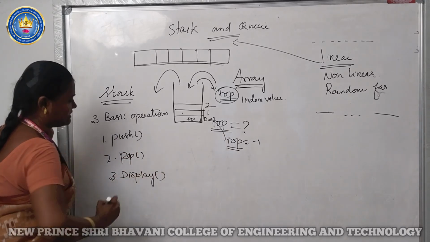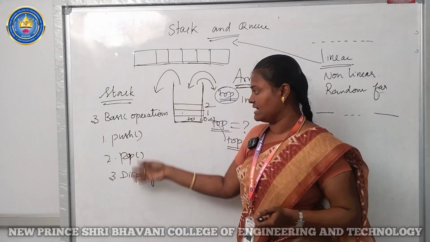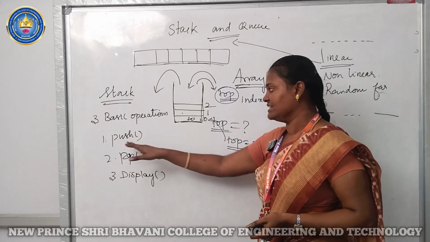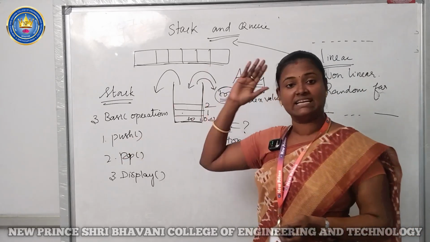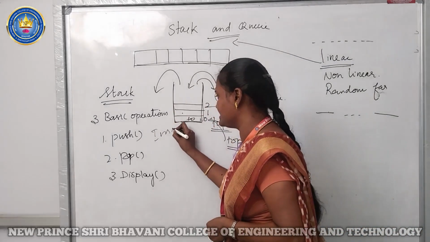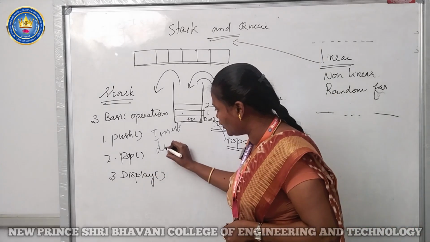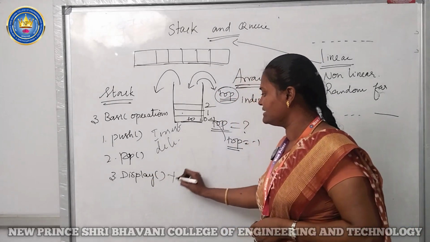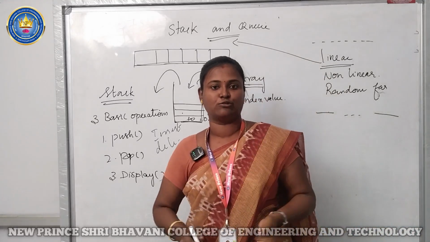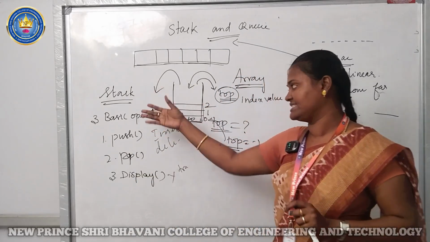In the previous unit we studied linked lists. The same three operations can be performed in a linked list, but the names change. Push is nothing but an insert operation, pop is a delete operation, and display is a traversal. That means we show the users all the elements in the stack. These are the basic three operations performed on the stack.